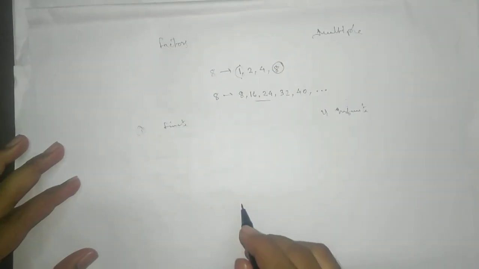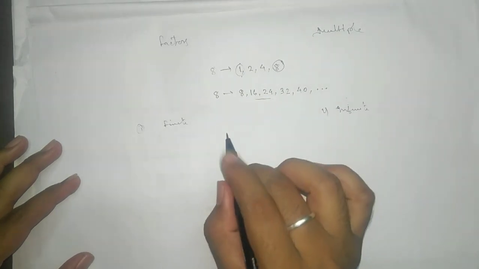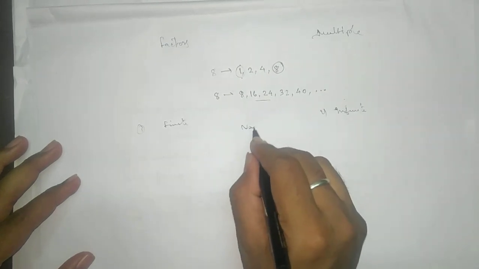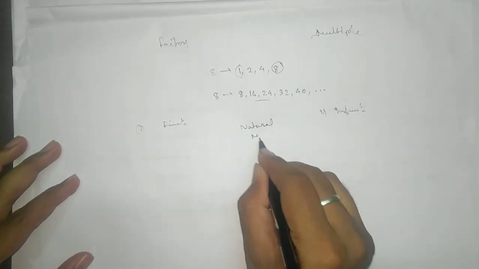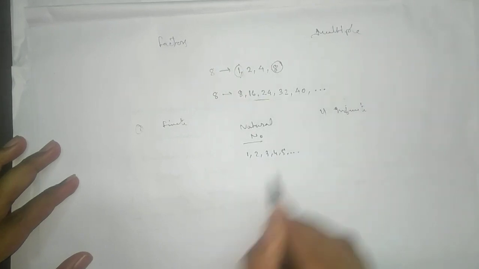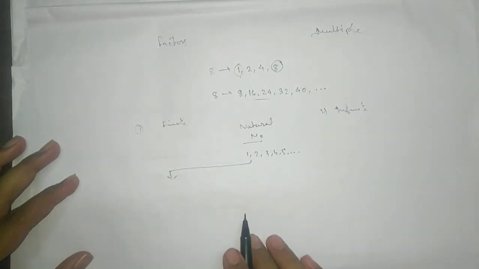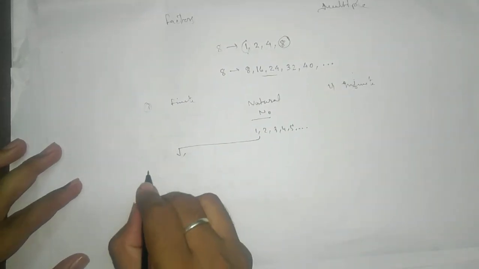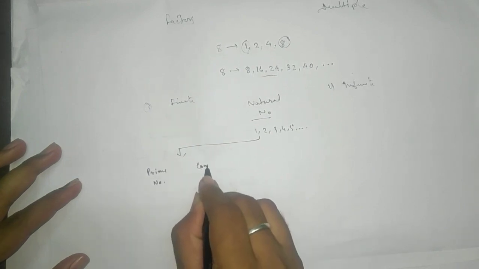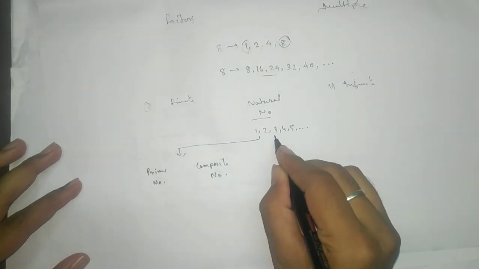By the factor definition, we divide natural numbers, except 1, into two categories. Natural numbers start with 1, 2, 3, 4, and continue. According to factors, one is prime numbers and another is composite numbers.